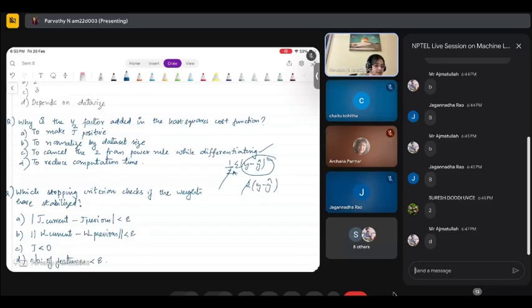Which stopping criteria checks if the weights have stabilized?